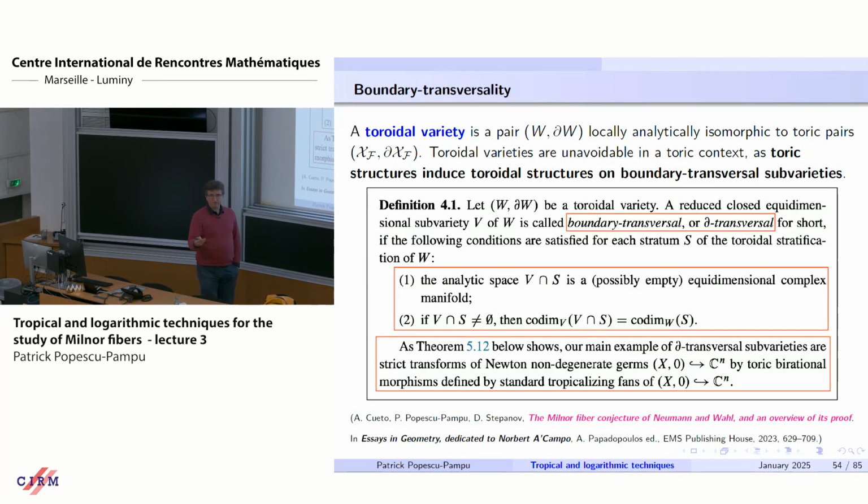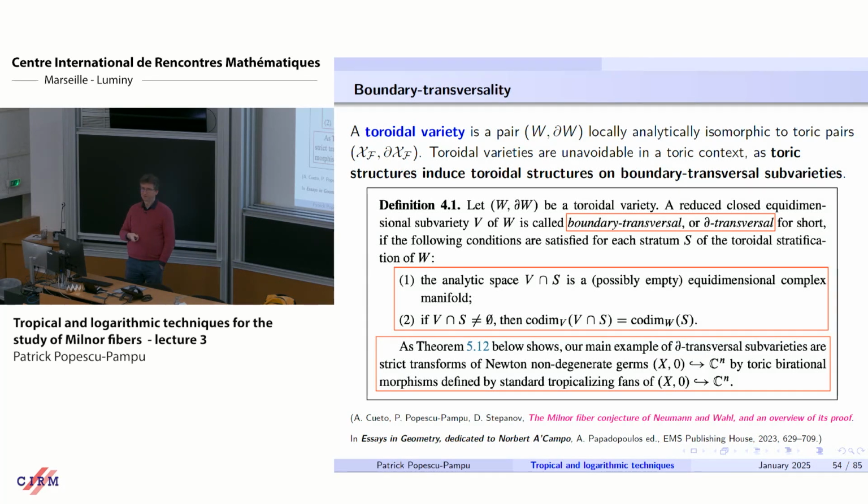So the good context in which local tropicalization helps to arrive at a setting where you can apply log geometry is a Newton non-degenerate one. And what is good is that after the modification, we have boundary transversality. And then if you intersect the strict transform with a toroidal stratum, you get an induced toroidal structure on the strict transform.